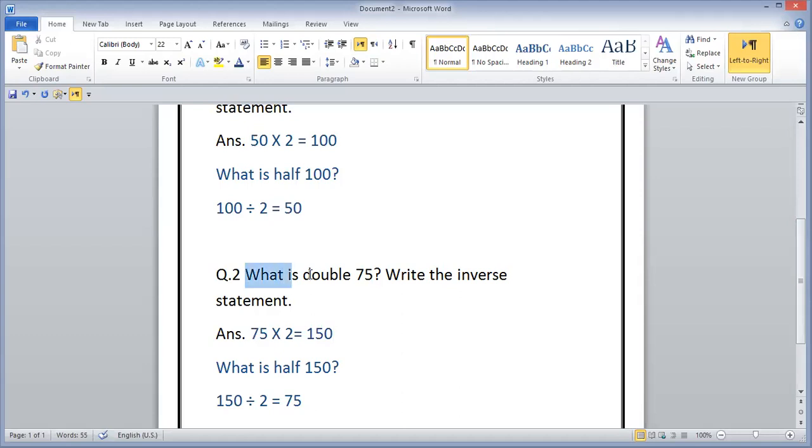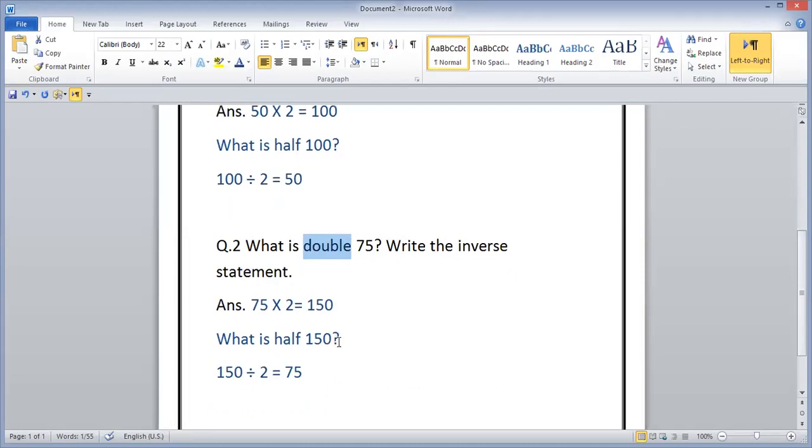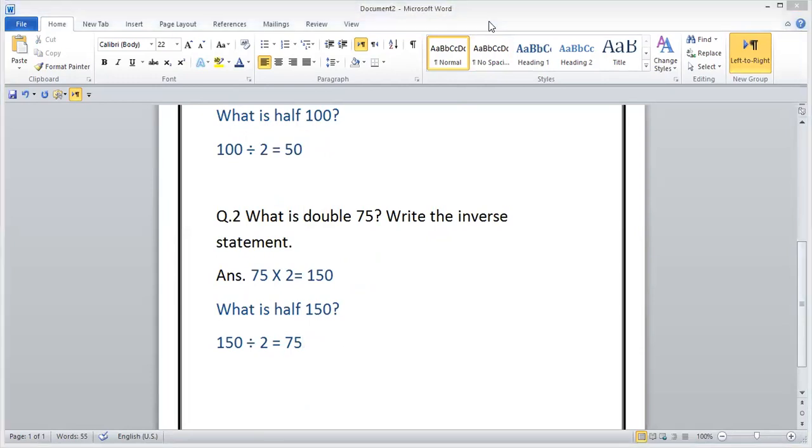The inverse statement of what is double 75 is, what is half of 150? The inverse of double is half. And then you will write the double of 75, that is 150. And the half of 150 should be 75. So when you divide 150 by 2, you get the answer 75. Clear, guys? Yes, sir.